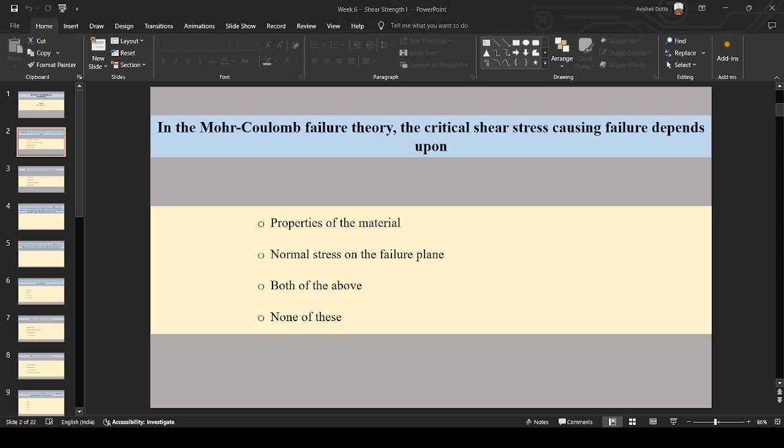In that theory, what are the factors on which the critical shear stress which causes the failure depends? Your options are properties of the material, normal stress on the failure plane, both of the above, or none of these.